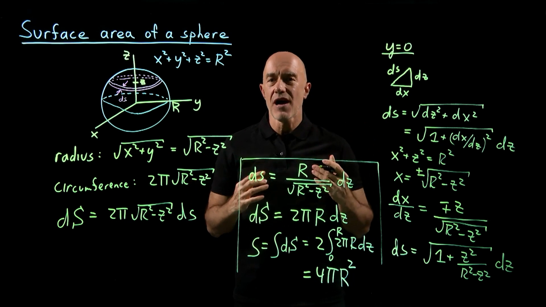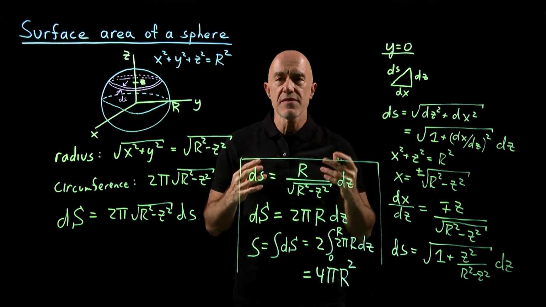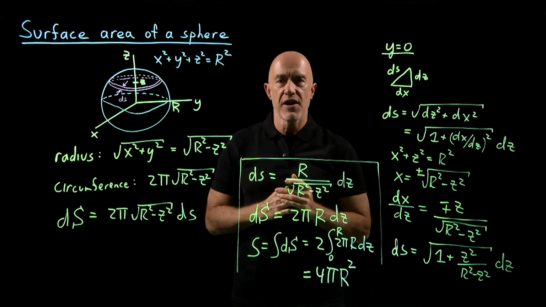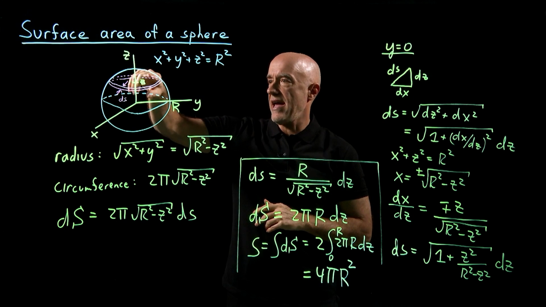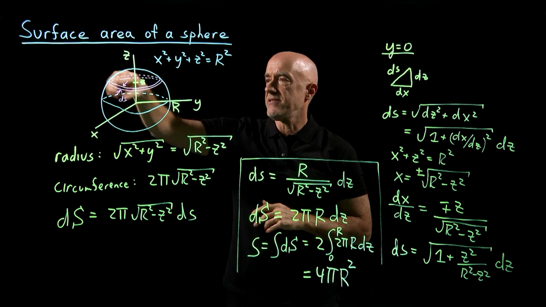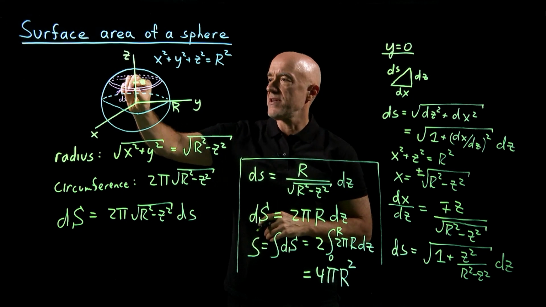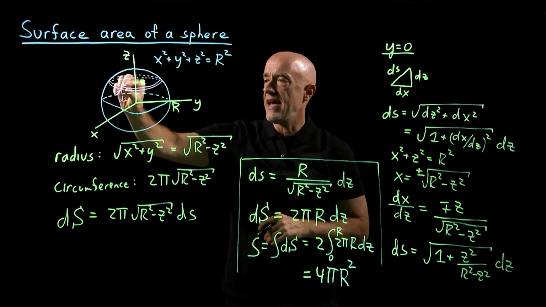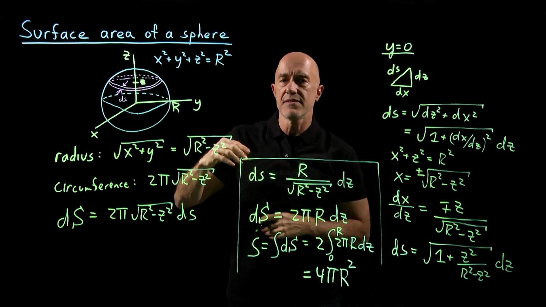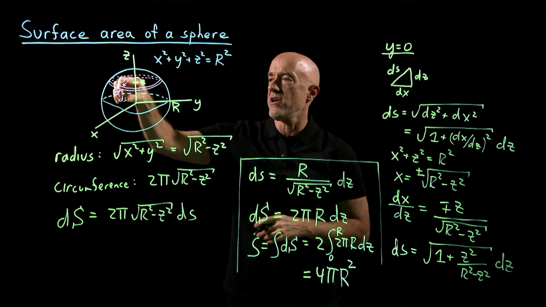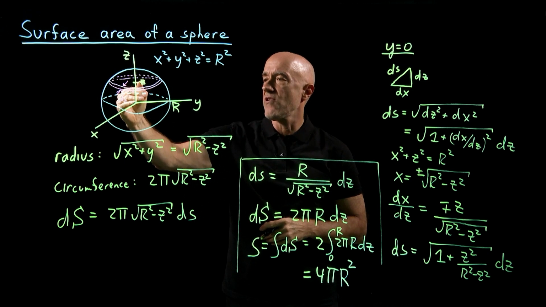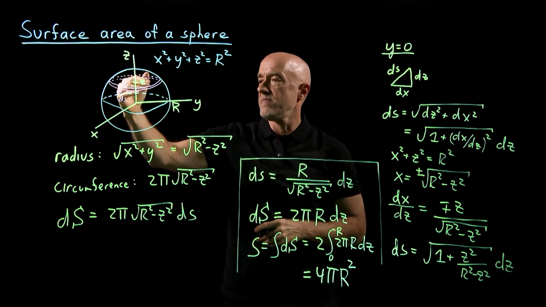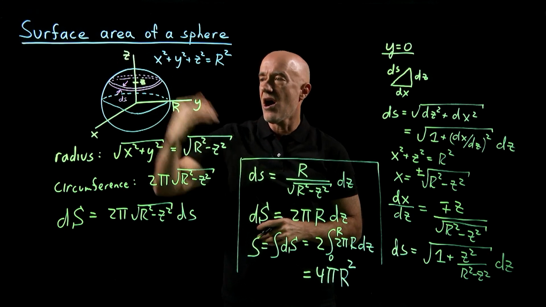So let me summarize. We computed the surface area of the sphere using calculus. The approach was to draw a ring at a fixed height z on the sphere with an infinitesimal thickness ds, and then find what is the infinitesimal surface area of this ring, and then use the integral to sum over all the infinitesimal surface areas of rings from z equals 0 to r.